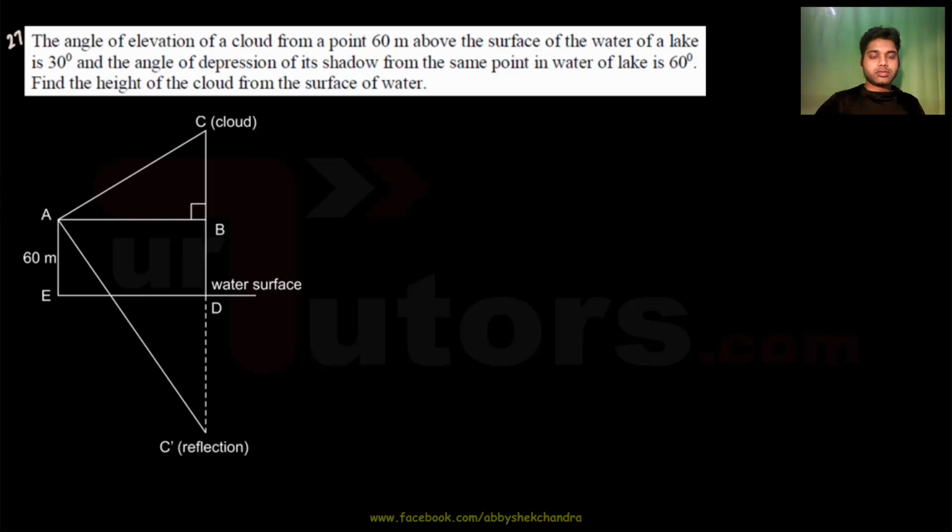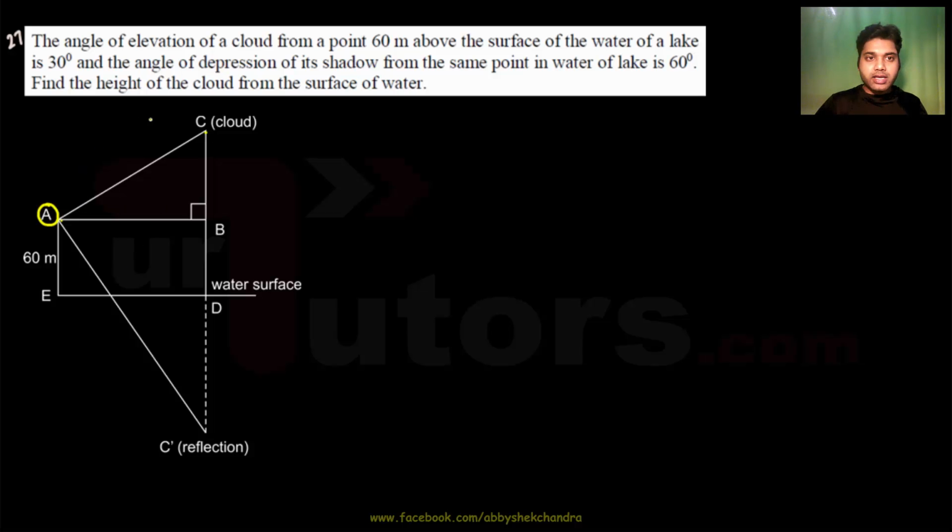So, okay. See, this is the water surface. DE is the water surface. A is where you are observing from, and C is the cloud position, and point A is 60 meters above the water surface.